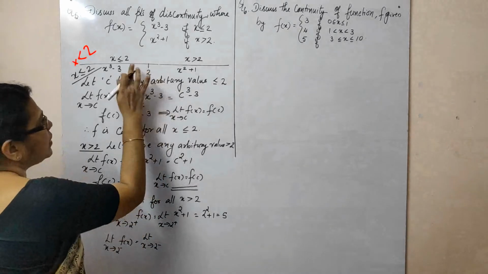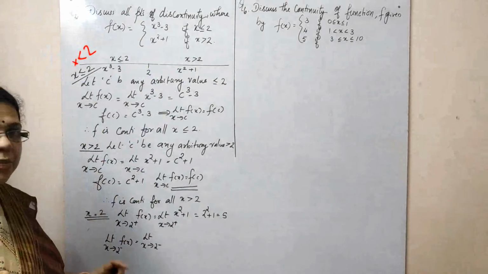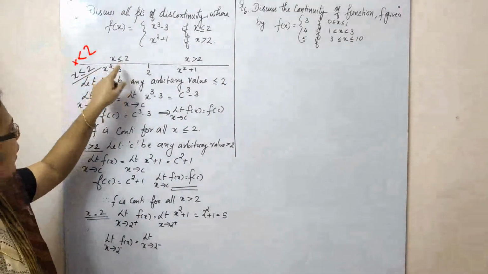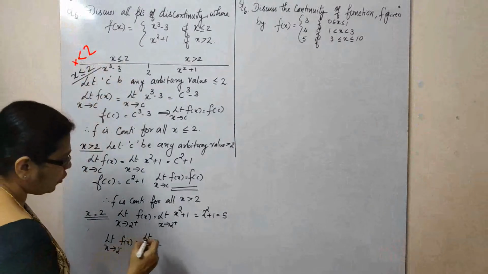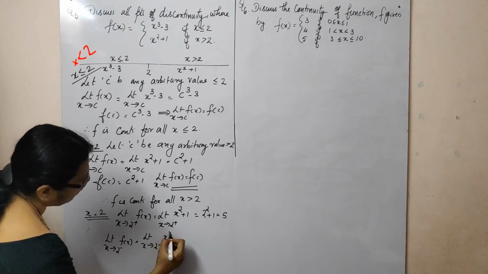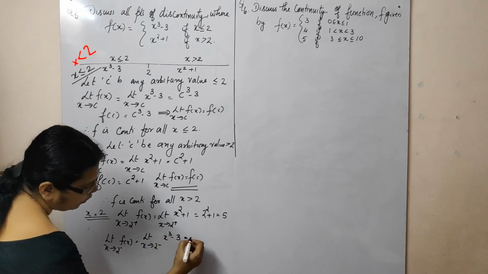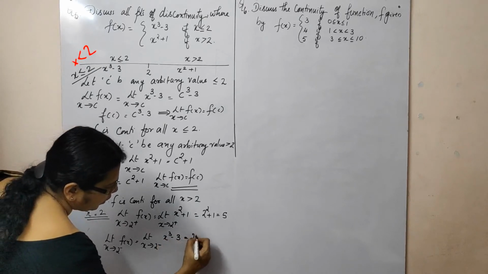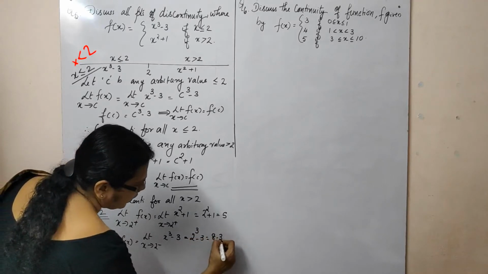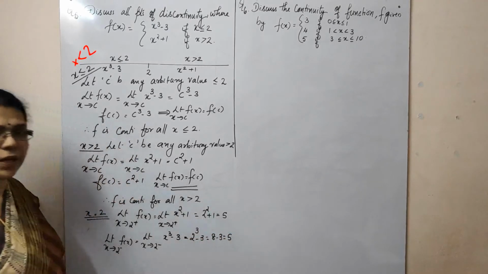When it is towards the left side, 2 minus means a little lesser than 2, that is, the area less than or equal to 2. So the function there is x cube minus 3. What do you get on substitution? 2 cube minus 3. 2 cube is 8, minus 3, which is 5 again.